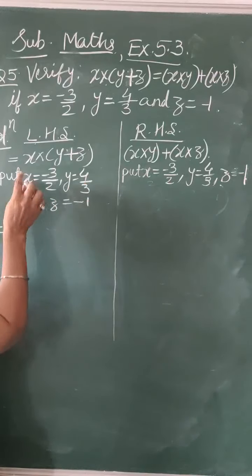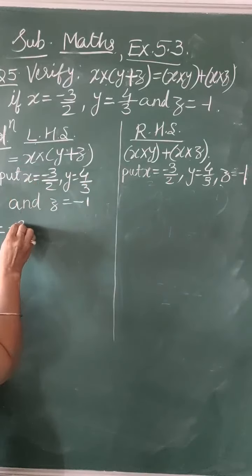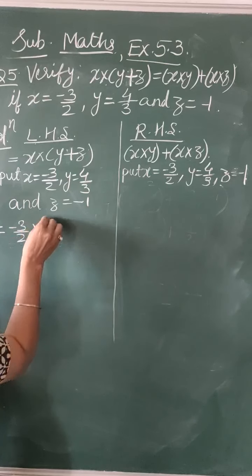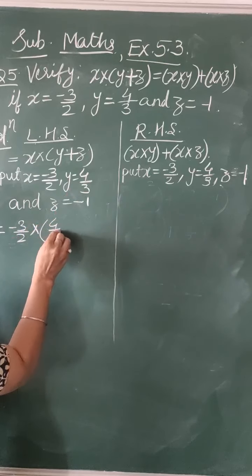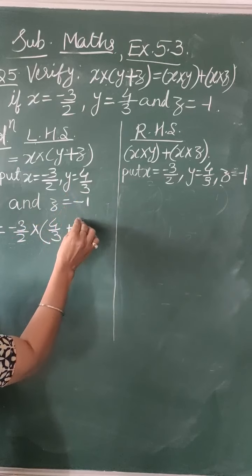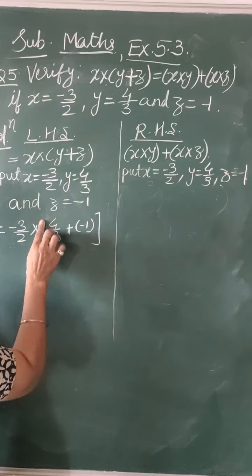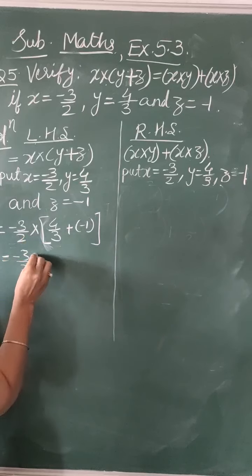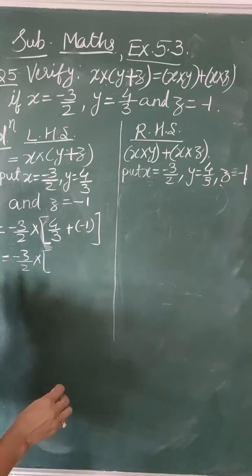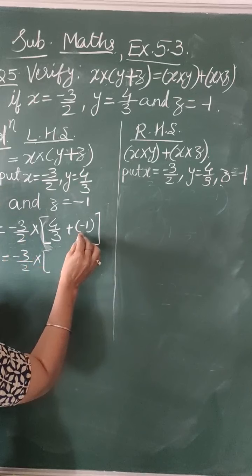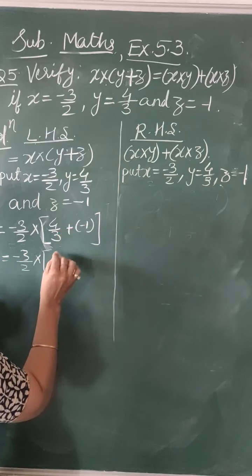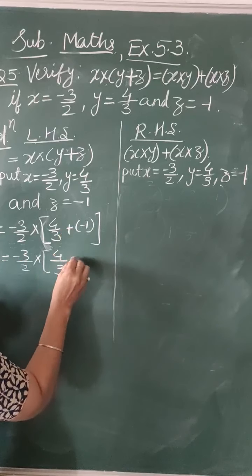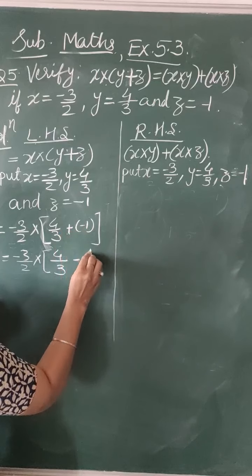Now let's start. What is the value of x? Minus 3 by 2 into y is what? 4 by 3 plus z is what? Minus 1. Okay, now you know first you have to simplify the bracket. Here you can see plus into minus becomes minus, so simplify the sign first and it will be like this.